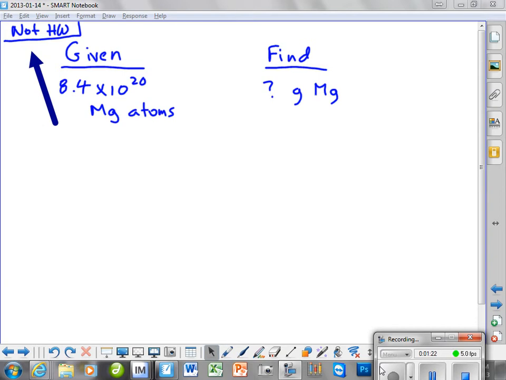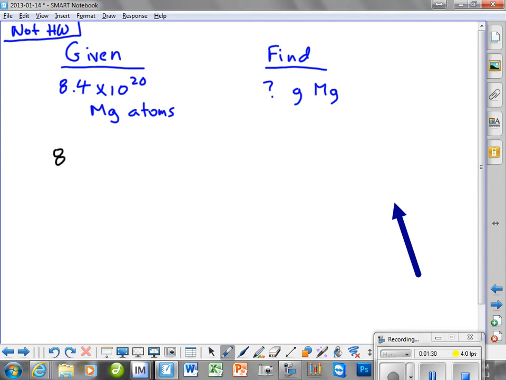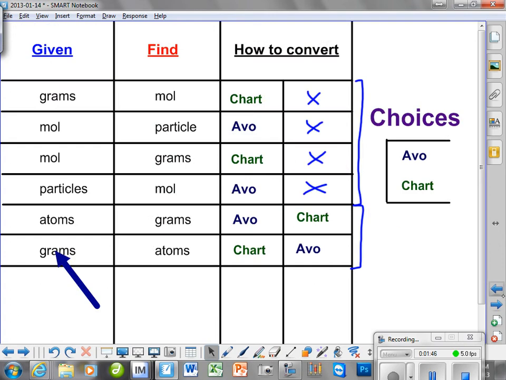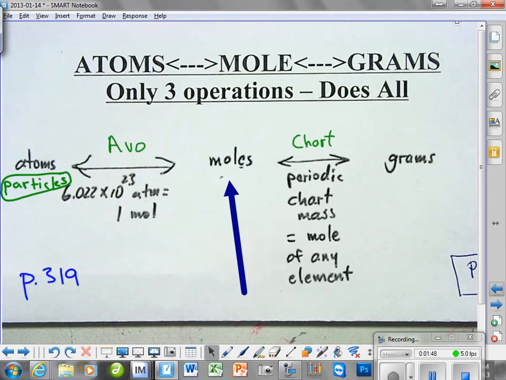Now, what we do in all of these problems is the first step is always going to be putting the given, which in this case is 8.4 times 10 to the 20th magnesium atoms over 1. Our next step has to be figured out by being aware and understanding this chart.